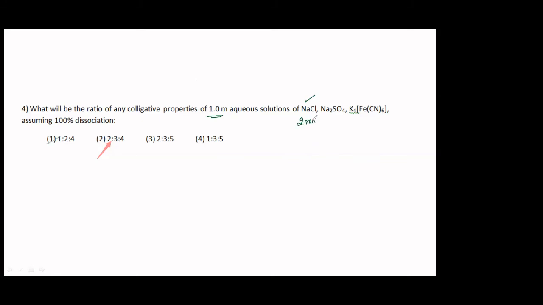Na2SO4 will give after dissociation 2 moles of Na plus and 1 mole of SO4 2 minus, so 3 moles. What about K4[Fe(CN)6]? When you put it in water, 4 K plus ions plus [Fe(CN)6] 4 minus, 5 ions. So therefore it has to be 2:3:5, option 3. That's correct.